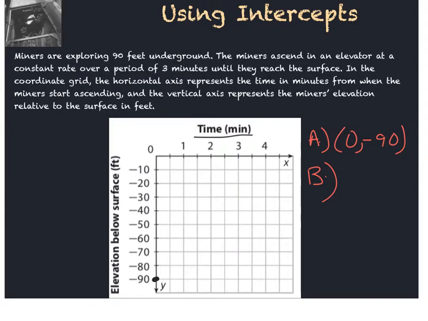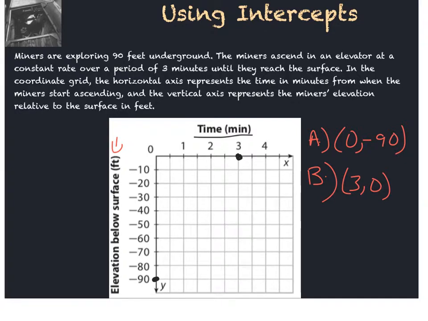And that's after 3 minutes. So elevation below the surface is represented by the y-axis. If we are at surface, that means we're going to be at 0 on the y-axis. And we get to that point after 3 minutes. So that would be this position right here, and as an ordered pair, 3, 0.